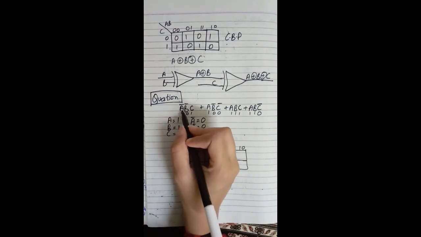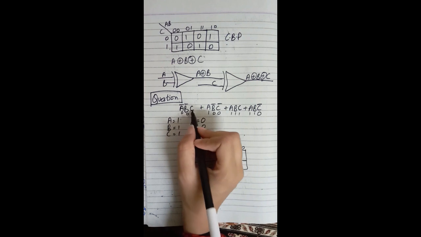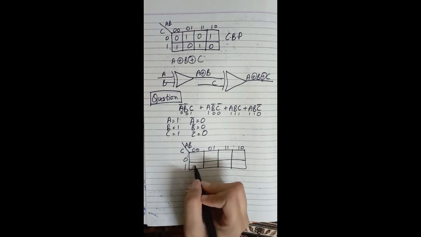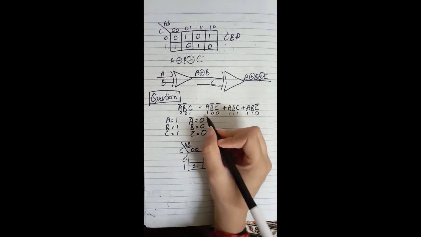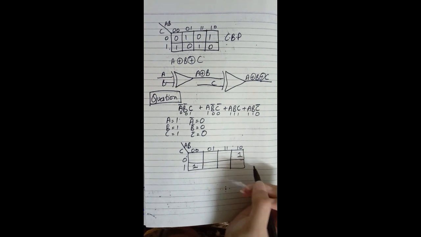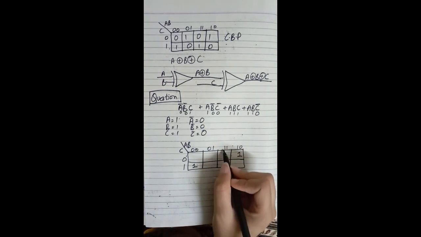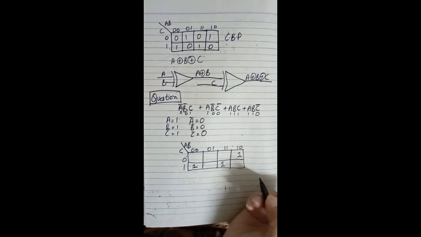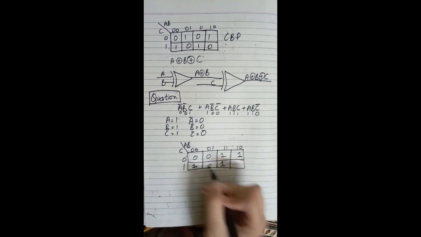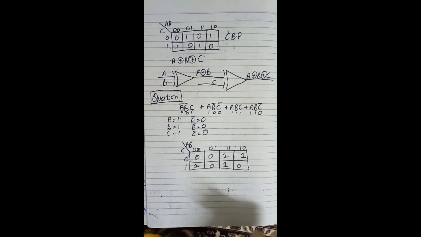It means on A, B we have 0 and on C we have 1. Here we have 1. On 1, 0, 0. Here we have 1. And on the 1, 1, 1. This is 1 and 1, 1, 0. This is 1. The other values are 0. This is how we fill our K map.